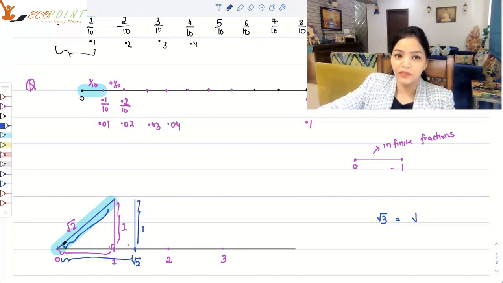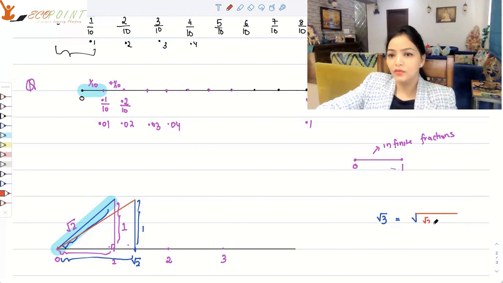It doesn't need to be an isosceles triangle every time. For 1 it was, but it's a right angle triangle for which I can find out the hypotenuse. So I can clearly see that √2 squared gives me 2, plus 1 squared, you will get 3 inside the square root, which means it is √3.